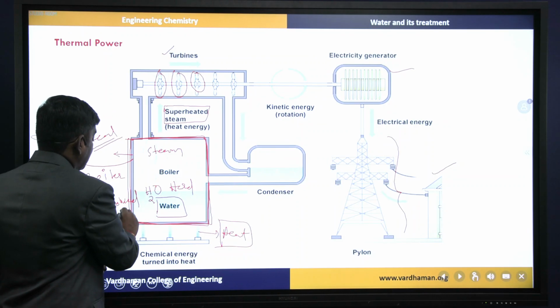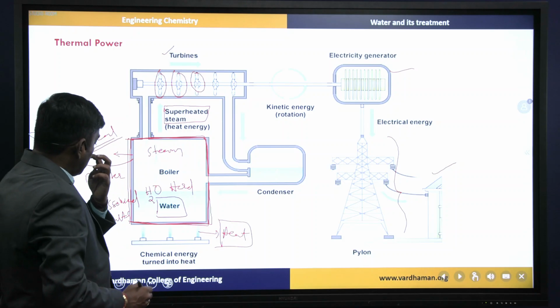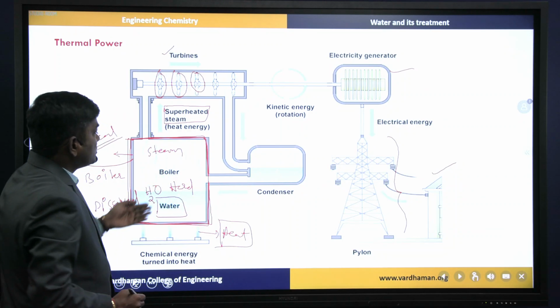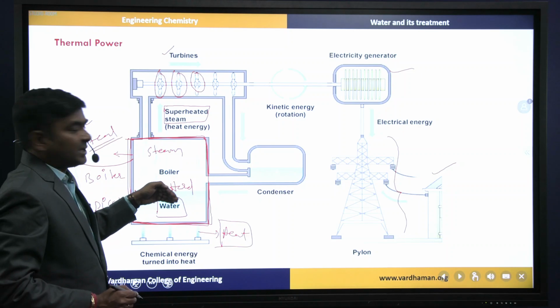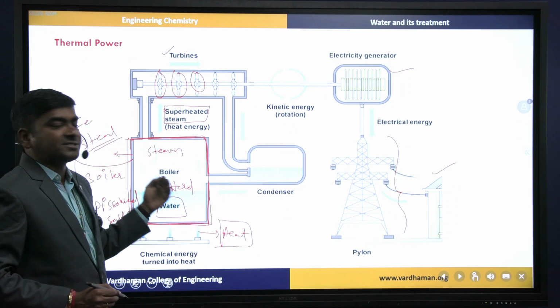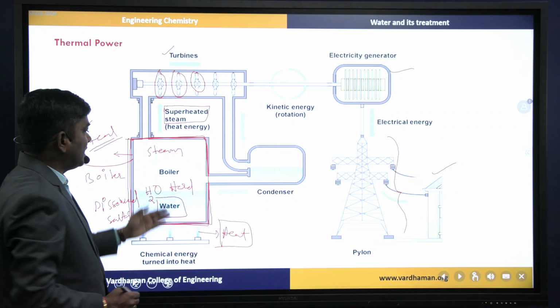When we continuously apply heat, the water starts evaporating so that the dissolved salts concentration increases.